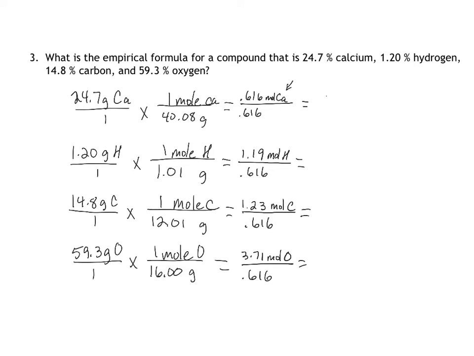We know that's going to be 1, of course. So these are the numbers I get when I divide it out. So we've got 1. This is very close, and we'll call that 2. This is very close, and we'll call that 2. And this is very close, so we'll call that 6. So we don't need to do any further multiplication to make our whole numbers. And so our empirical formula will be Ca1, which we wouldn't really need to write.